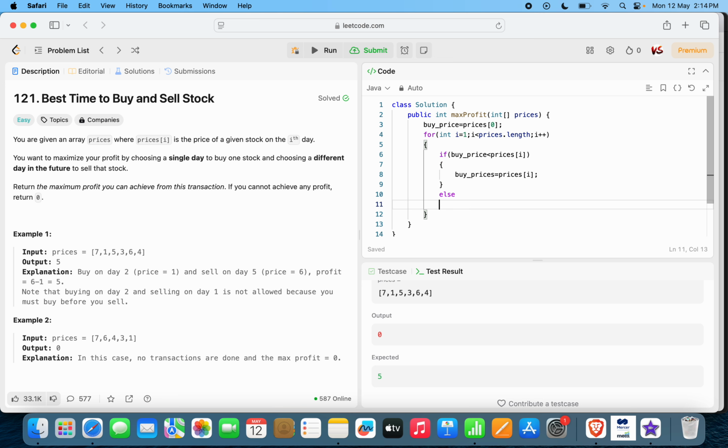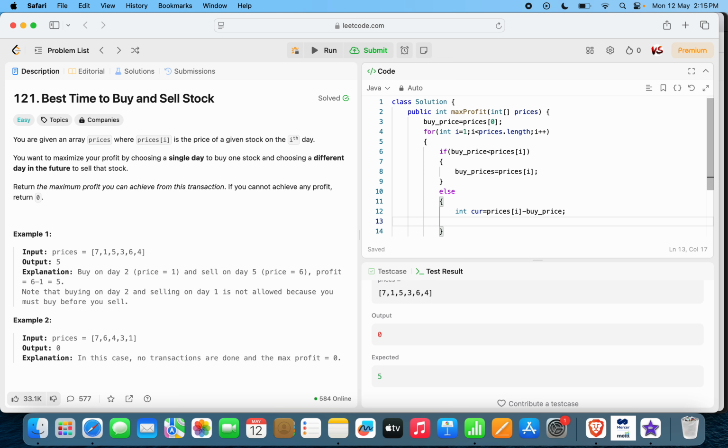If it is not, then I will calculate the max profit and current profit. To find the current profit, I will take a variable called current profit, and by finding the difference between the current price and the buy price, I will get the current profit.